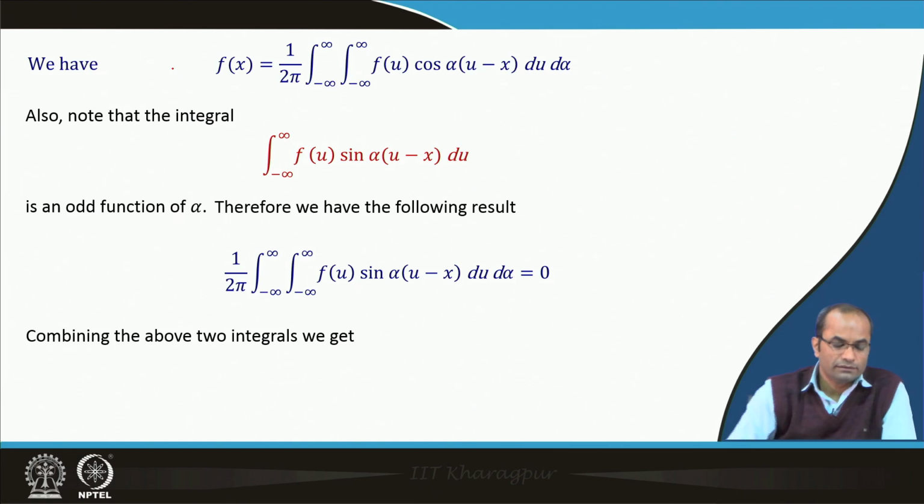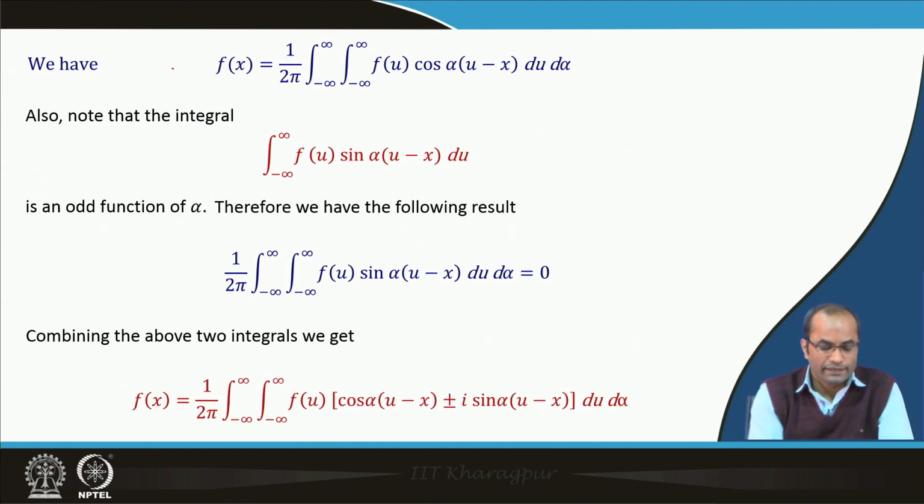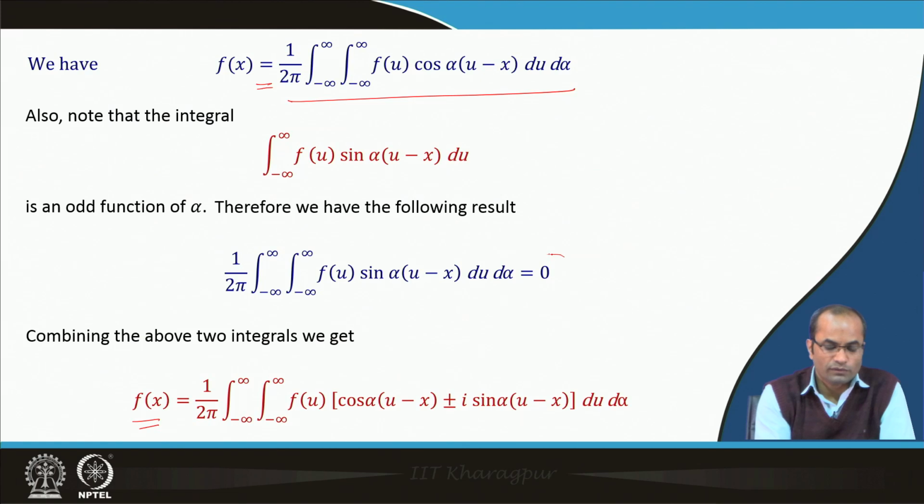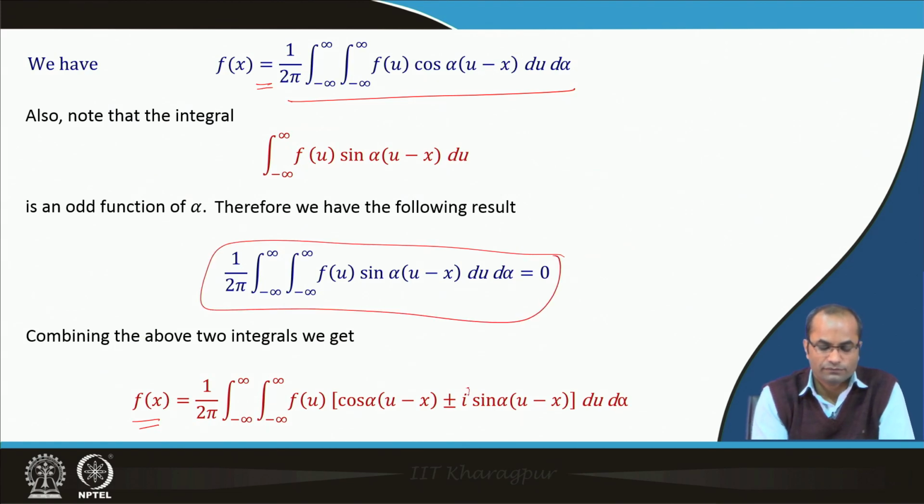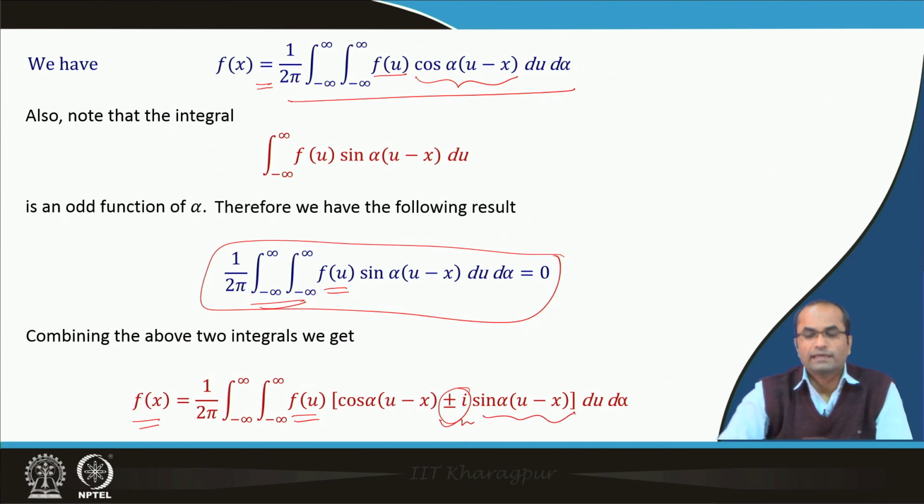We will combine the above two integrals, so f(x) will be equal to the first part plus the second one multiplied by i. f(u) is common and the integrals are the same, so we take f(u) outside, and then we have cos alpha(u minus x) combined with plus or minus i sin alpha(u minus x), and then du d alpha.